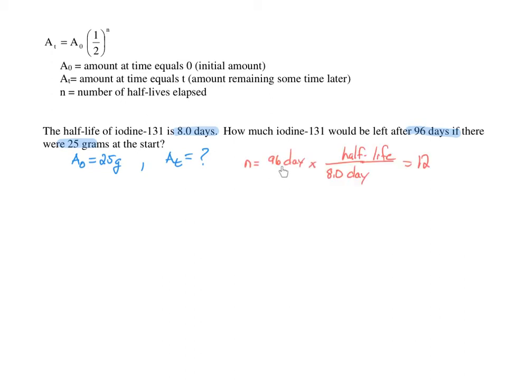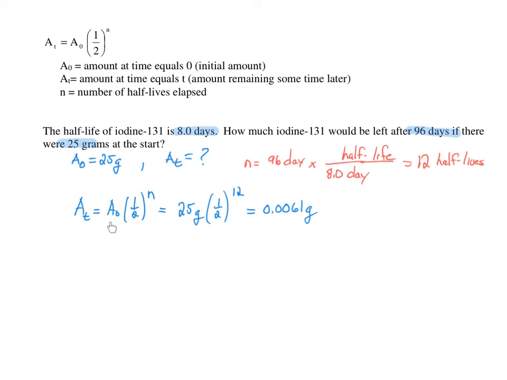We divide our amount of time by the length of each half-life. So we have 96 days divided by 8 days per half-life, so we have 12 half-lives. We input our values from the problem into our equation. The initial amount is 25 grams, and the value of n is 12, and we get our answer.